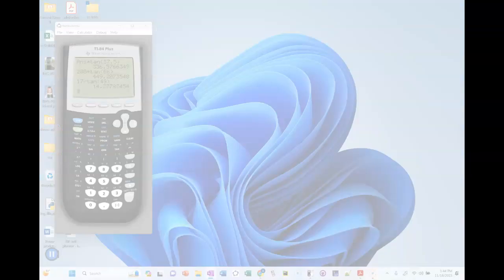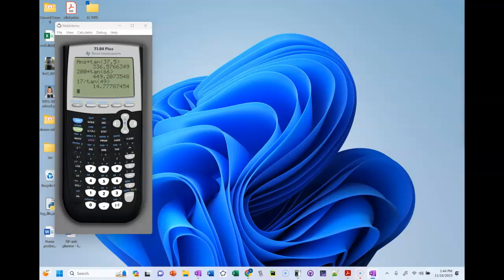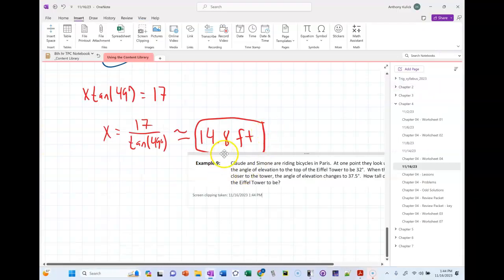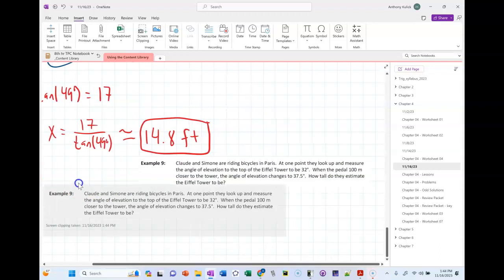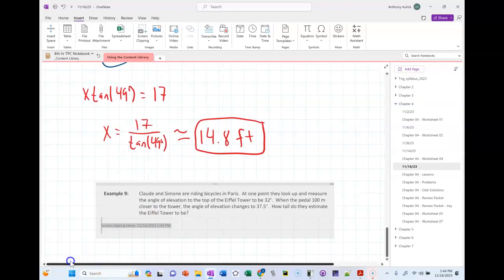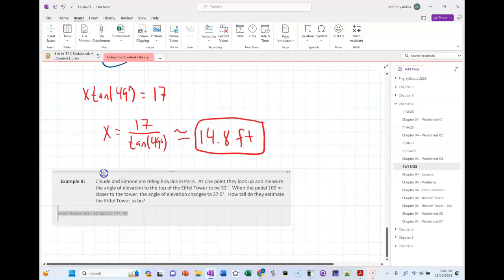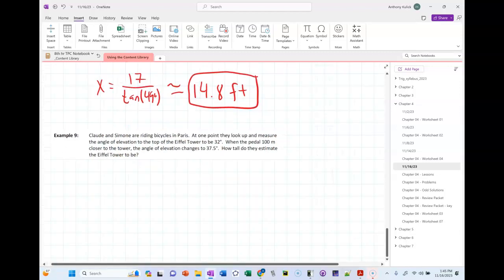One more example. This is the most complicated one. Oh boy. OneNote did not put that where I expected it to. All right. Claude and Simone are riding bicycles in Paris. How romantic.